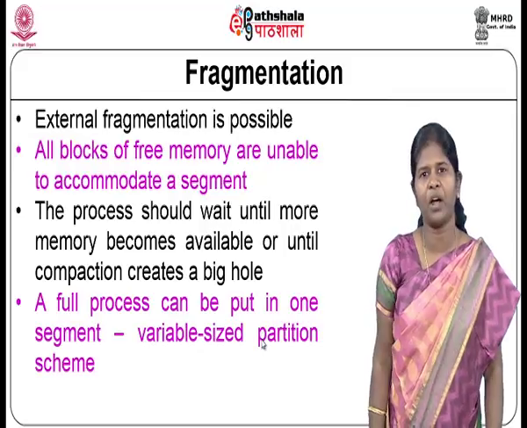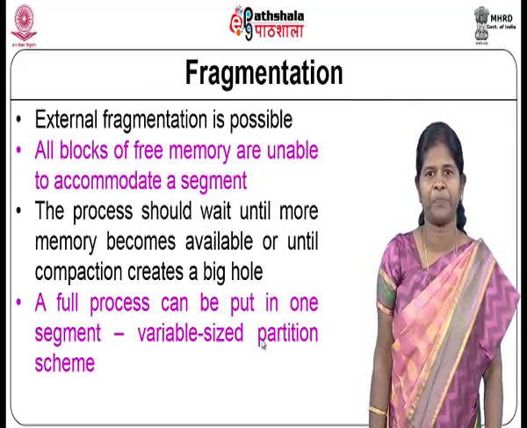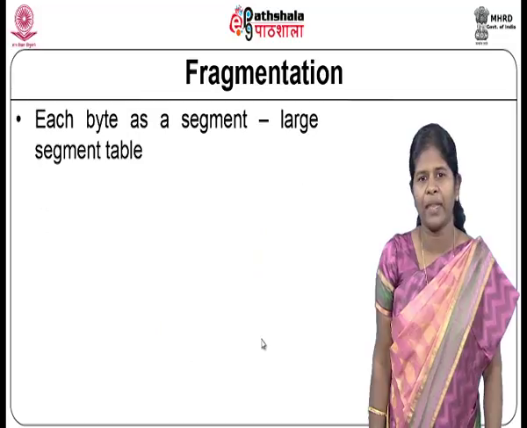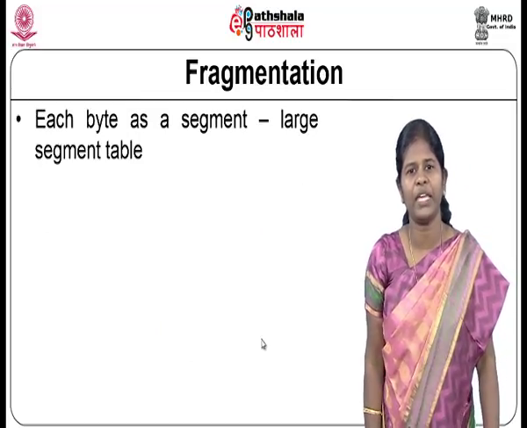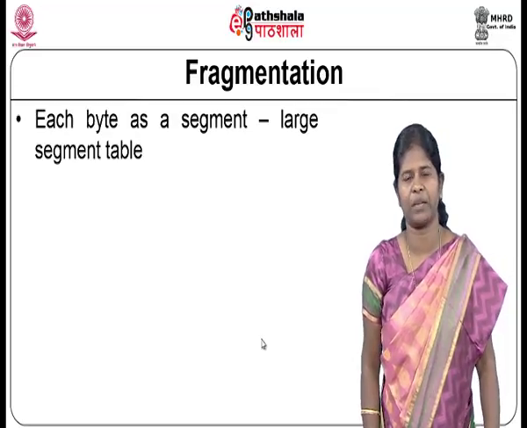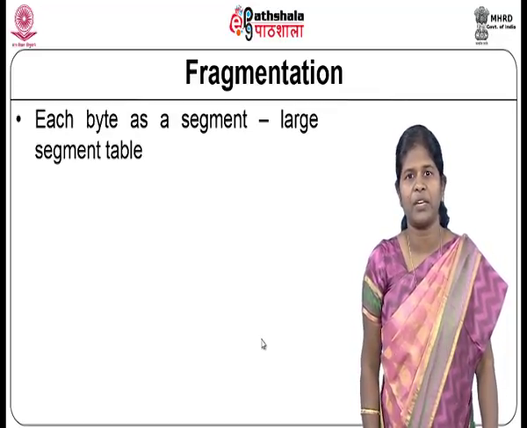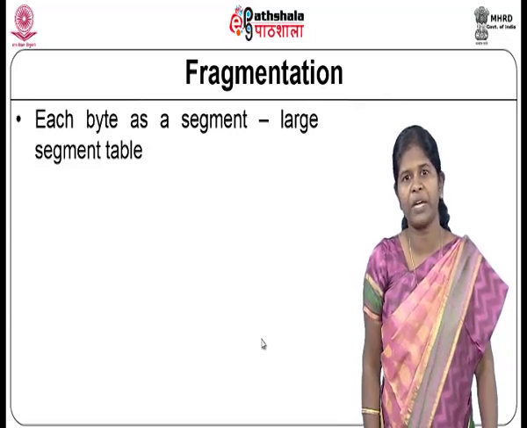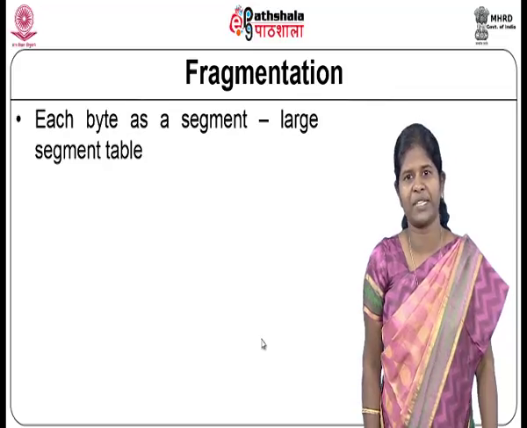So, this will boil down to a variable size partition kind of memory management scheme we saw earlier, and this also has disadvantages. And the other extreme is that you can have each byte as a single segment, and if you have each byte as a single segment, then think of the number of segments that will be possible when the size of the program is large.